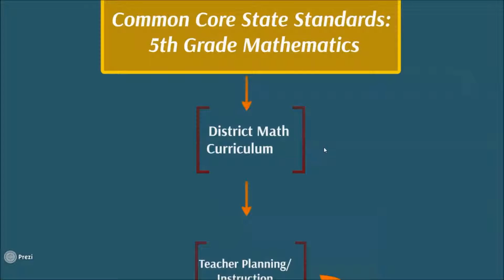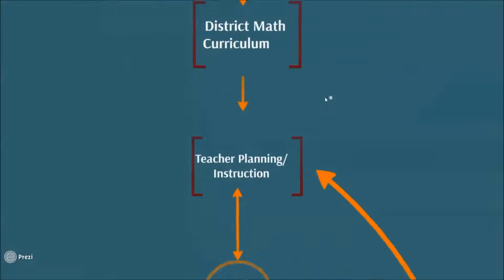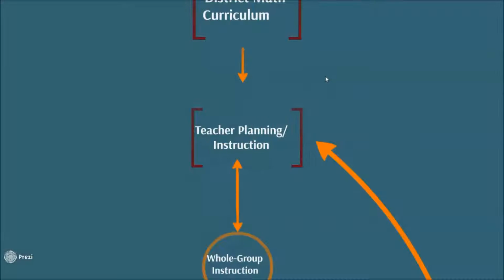And so the math curriculum that I use plays a really big part in my instruction because it is directly tied to the Common Core state standards. So I put that right underneath the state standards because the standards led us to the curriculum. And then right underneath the math curriculum, I have teacher planning and instruction.